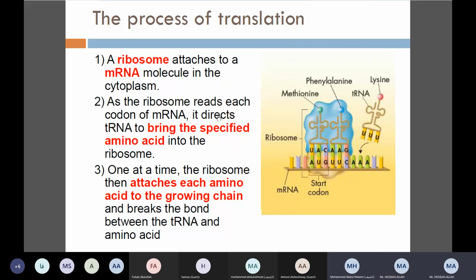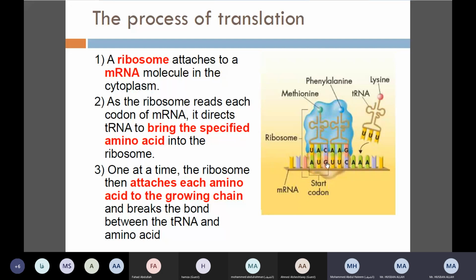As the ribosome reads each codon of messenger RNA, it directs transfer RNA to bring the specified amino acid into the ribosome. Let's suppose here we have AUG.